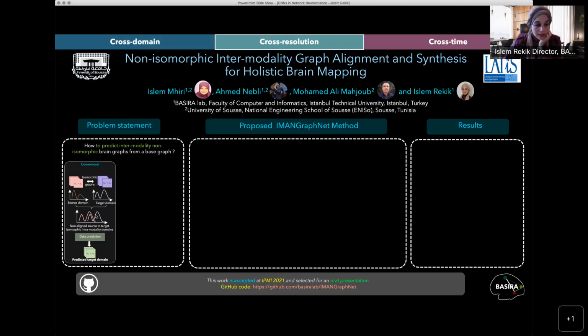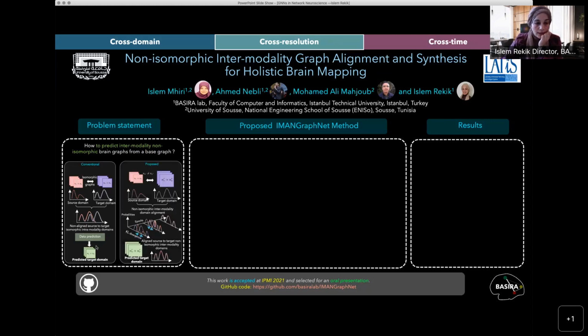You have a discrepancy that you can see between, for example, morphological brain connectivity and functional brain connectivity. The distribution is not the same. What we want to learn is a mapping that allows us to predict these graphs, the purple ones, from the pink ones. So what we propose here is to solve both problems simultaneously, which means we super-resolve the graph.